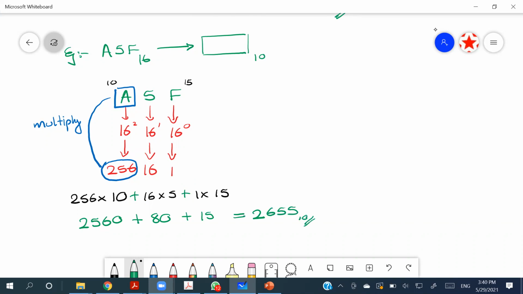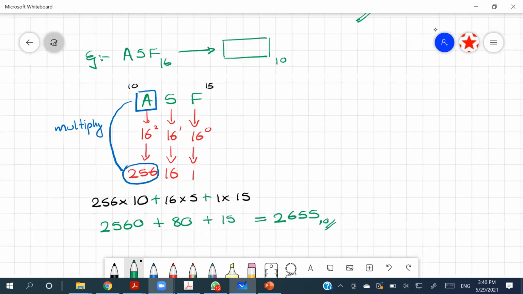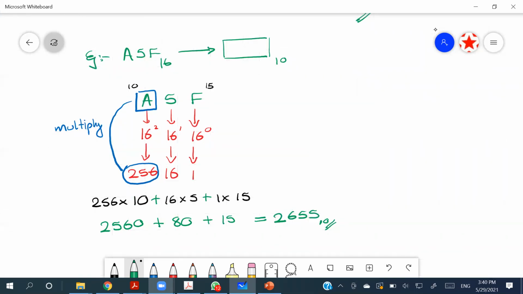Let me see again. Yes, so 640, 55. Yes, that is correct. So it is 2655. That is how you do the conversion of hexadecimals into a decimal. Okay, write this down, then I'm going to give you some math to do.